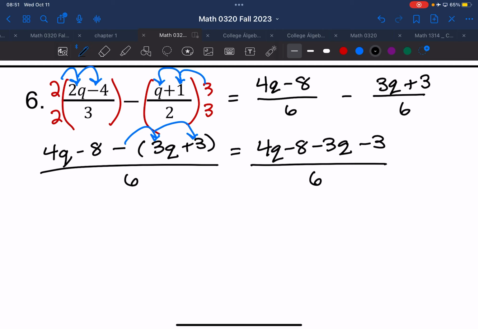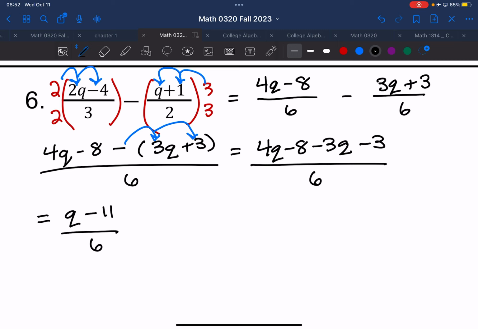Is this simplified? No, what do I need to do next? Combine like terms. And what are my like terms for q? What am I going to end up with? Just q. And what about the numbers, negative 8 and negative 3? Negative 11 over 6. Okay, is this simplified?